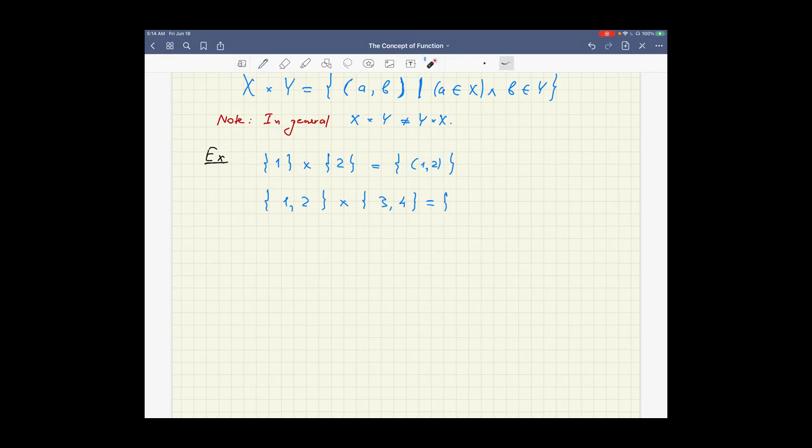So you take an element from the first set and form a pair of that element with each of the elements of the second set. So it'll be 1, 3, 1, 4, and then the same with the second element, 2. It'll be 2, 3, and 2, 4.